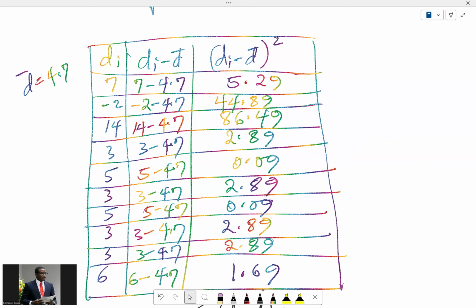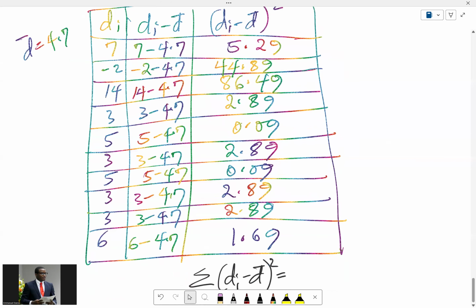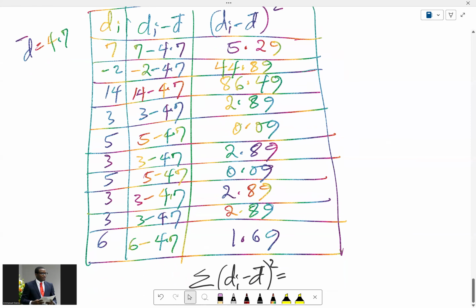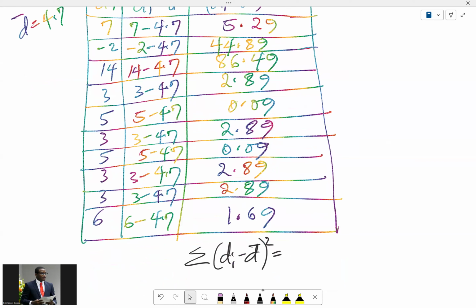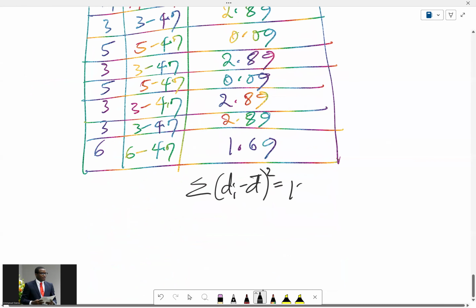Okay, 5.29, 44.89, 86.49, 2.89, 0.09, 2.89, 0.09, 2.89, another 2.89. We need to be really careful. And lastly, 1.69. So that gives us 150.1, 150.10 if you like.